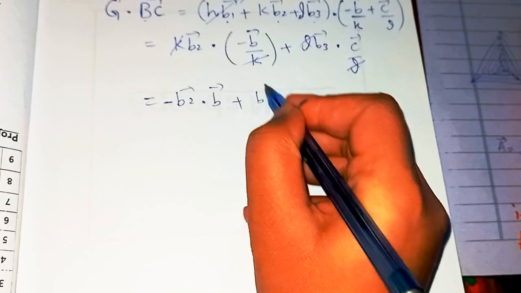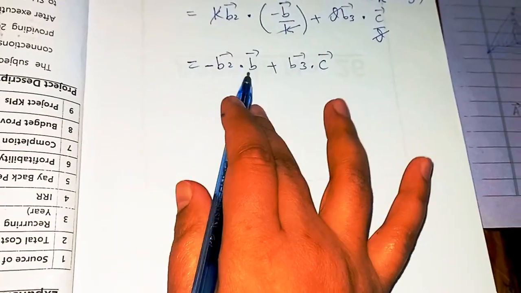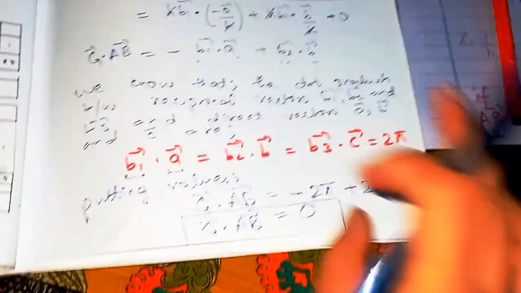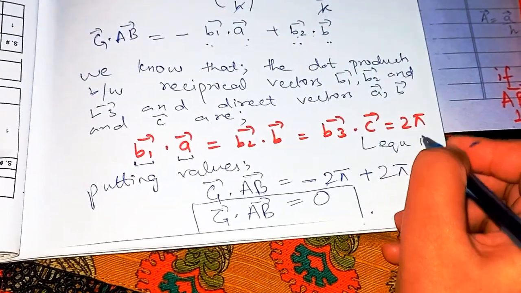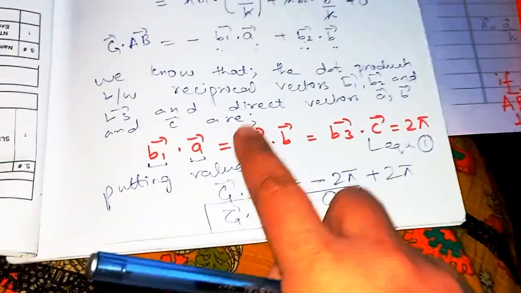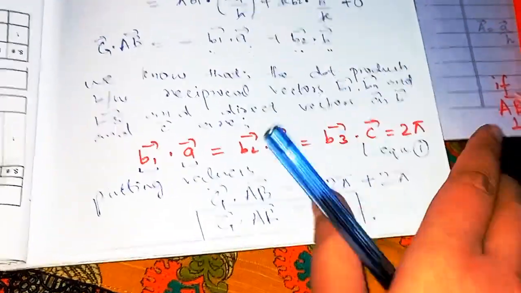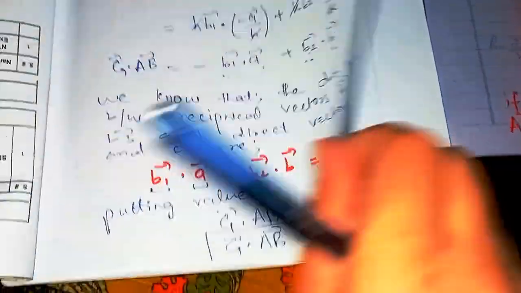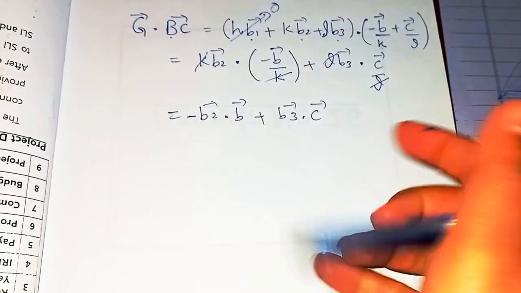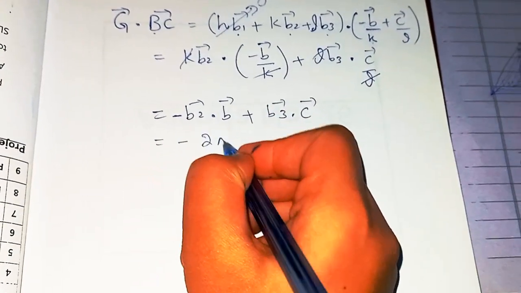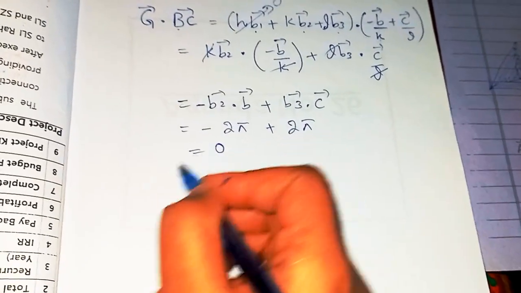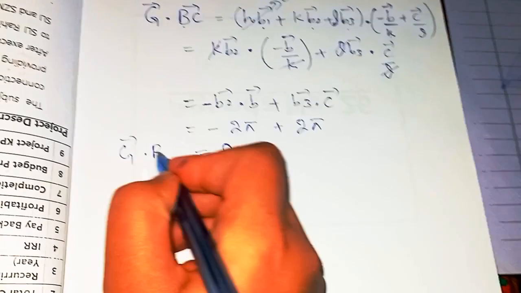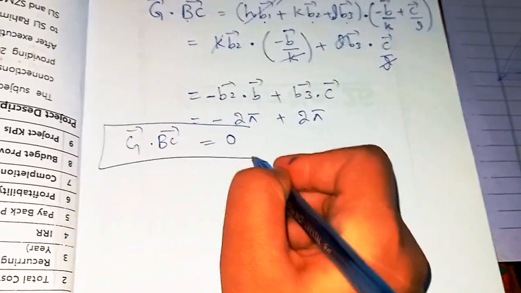We'll recall this result as equation number 1. We can see that we have here b2 dot b and b3 dot c, and they both are 2 pi. So minus 2 pi plus 2 pi gives 0, and hence we can see that g dot bc is also equal to 0.